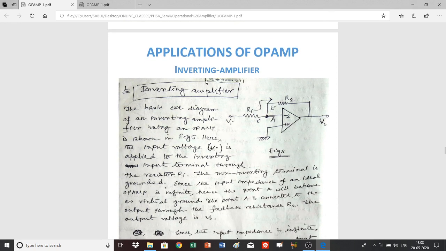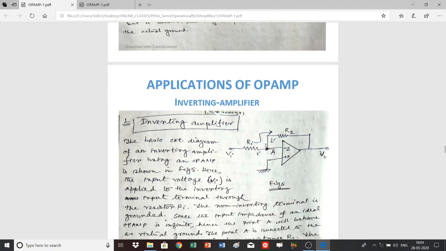Now we come to the section in which the applications of the op-amp will be discussed. First, the inverting amplifier. This is the basic circuit diagram of an inverting amplifier, and you know that an op-amp acts as an inverting amplifier when the input is given to the inverting input terminal, keeping the non-inverting terminal grounded.